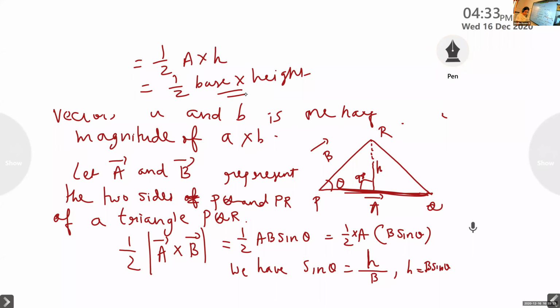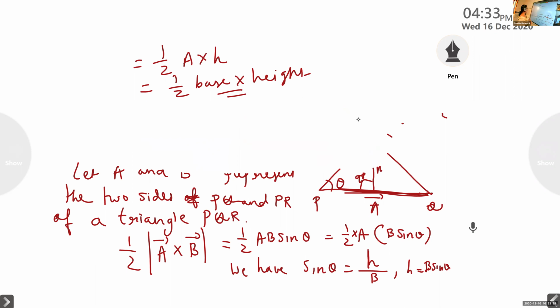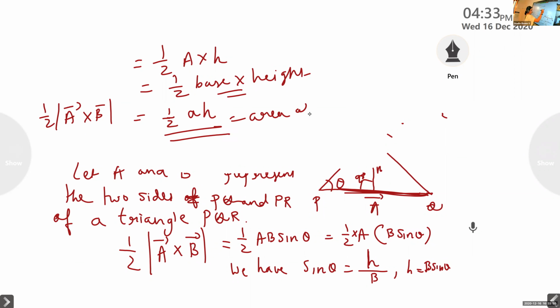So we can prove that half modulus of A cross B is equal to half A H, that's equal to the area of the triangle. This is a manipulation of the vectors.